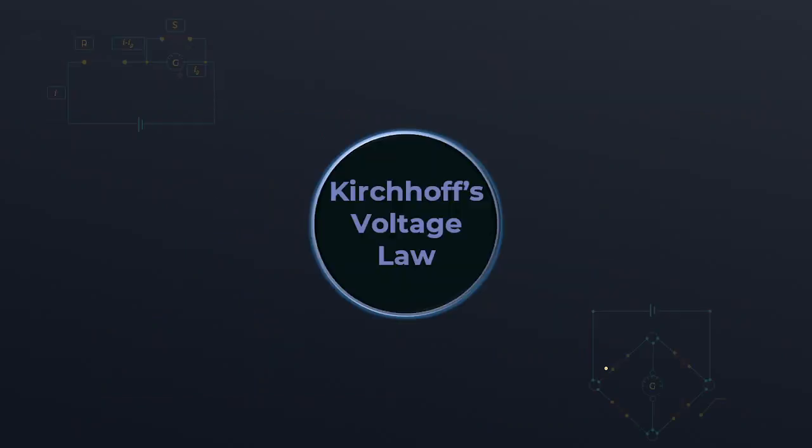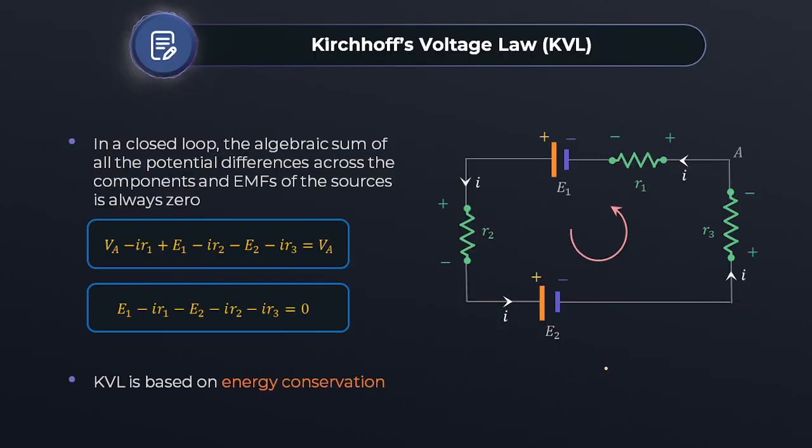Now the second law, that is called Kirchhoff's voltage law, or this is also called the loop law. So Kirchhoff's voltage law, KVL or loop law, says that in a closed loop, the algebraic sum of all the potential differences across the components and EMFs of the sources is always zero.